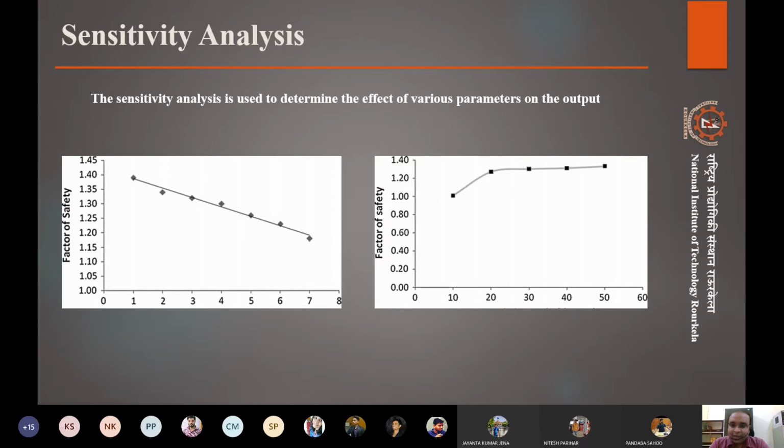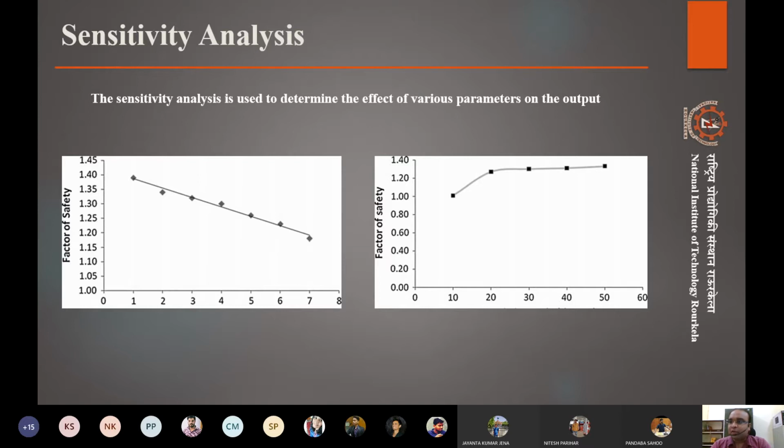So the analysis that we do to find out the individual effect of these parameters on the final output, like the final stability of the slope in this case, that sort of work is called a sensitivity analysis.